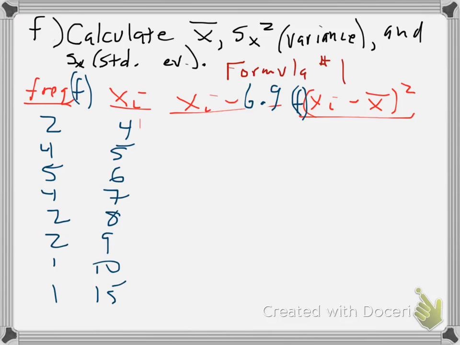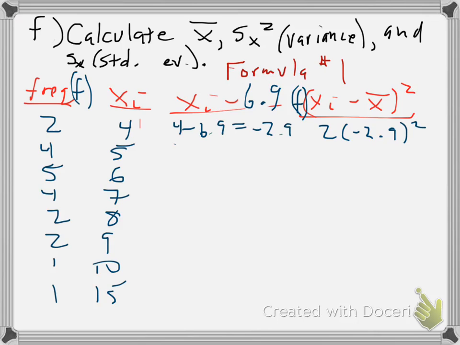So my first data point is 4 minus 6.9, which is negative 2.9. I'm going to do 2 times negative 2.9 squared. Why 2? Because there were 2 4s. It doesn't matter how many times I do that.